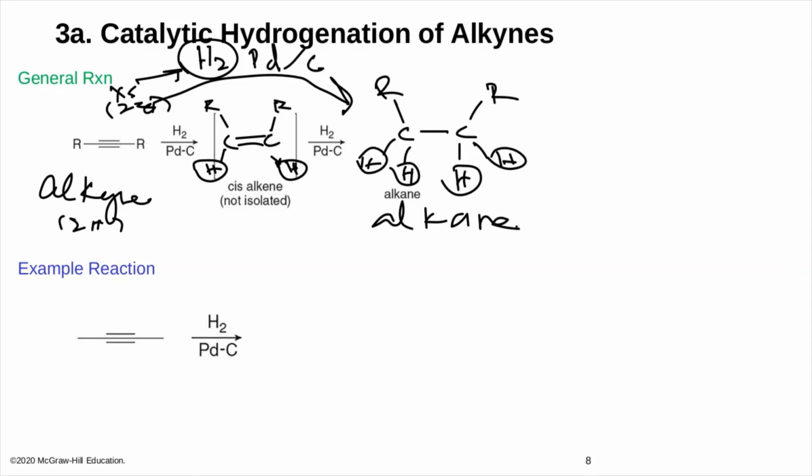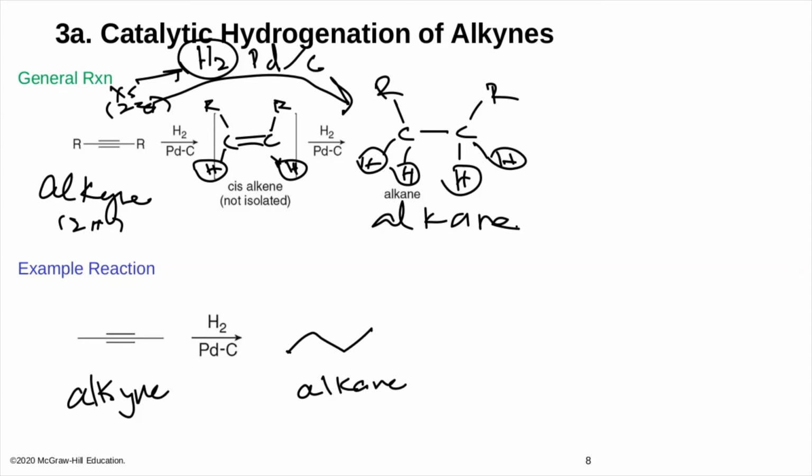So for example, if I have this compound here, this is 2-butyne. There's 1, 2, 3, 4 carbons here, 2-butyne. When I hydrogenate that, it's going to fully hydrogenate to the 4-carbon alkane. Alkyne goes to alkane. There we go.